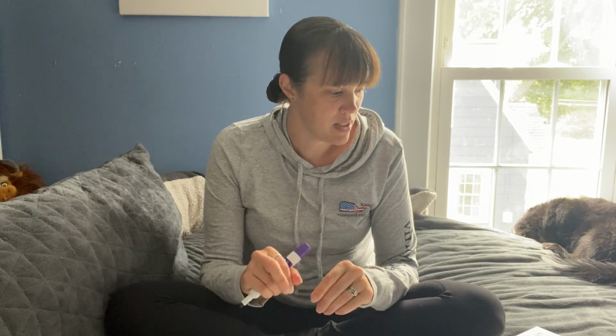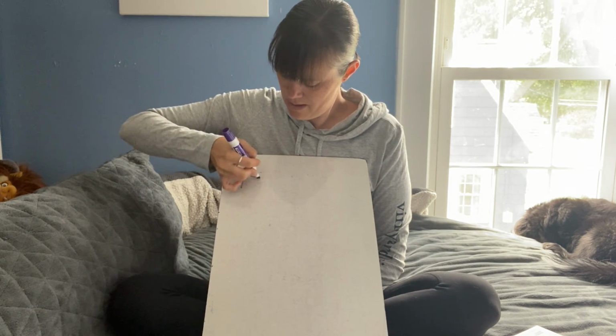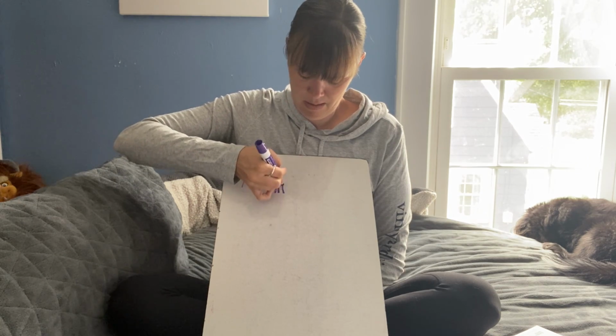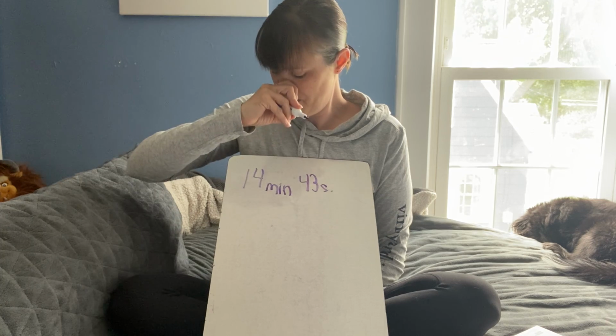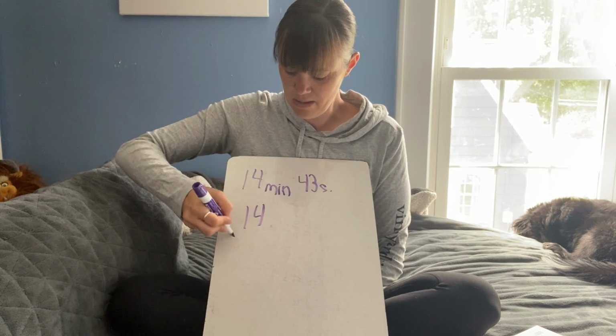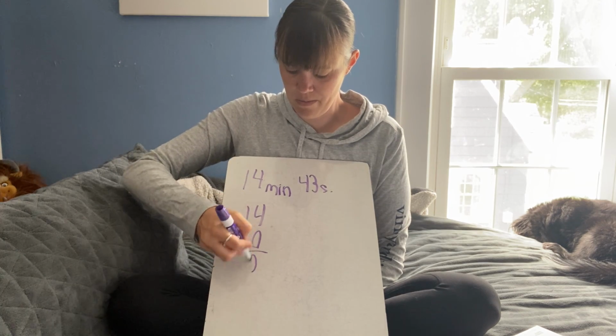6 says how many seconds are in 14 minutes 43 seconds. I don't know why they didn't just put these with the other ones, because it's the same kind of thing. Okay, so we have 14 minutes 43 seconds. What do we multiply? 14 times 60. 0, 0, right?